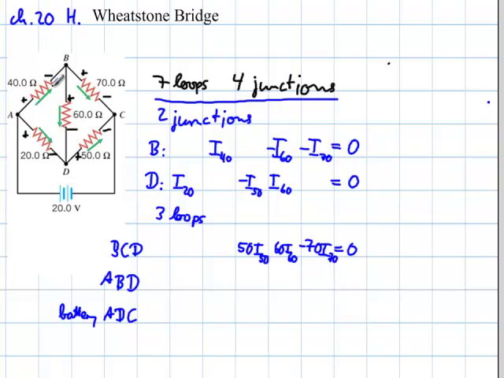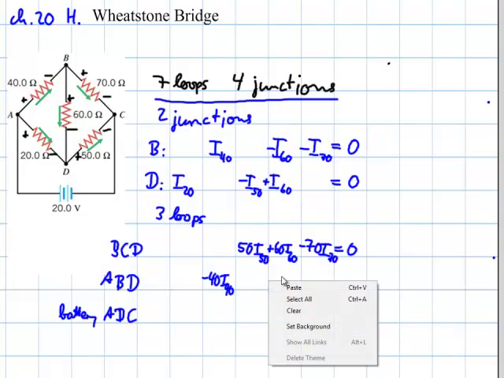ABD, potential goes down, so I have a negative 40 I40. By the way, on any of these where it didn't write a negative in front, that should be a positive, so here it's a plus, there's a plus. Actually here it's better if I do write it, because I still have equations there. So negative 40 I40, then this one here goes down, so it's negative 60 I60.